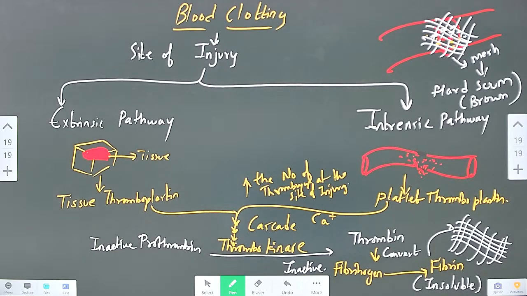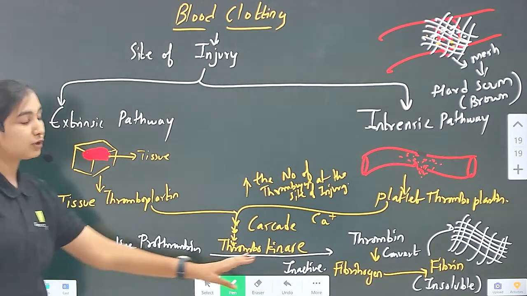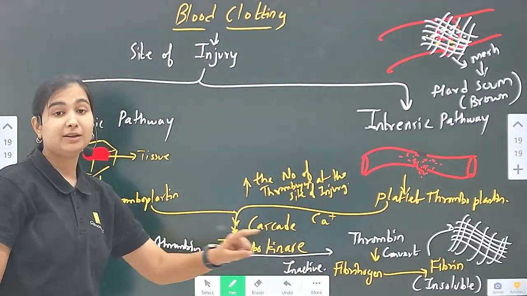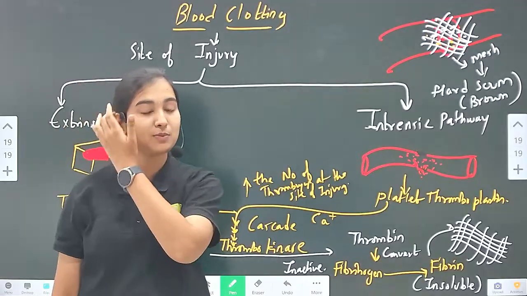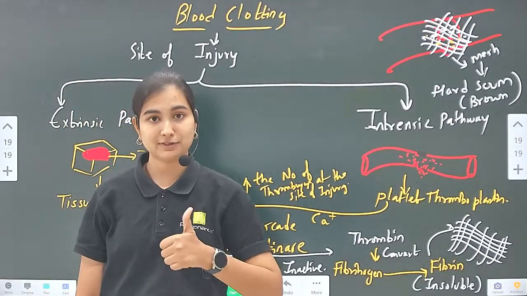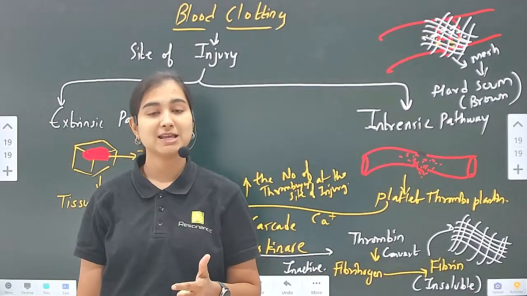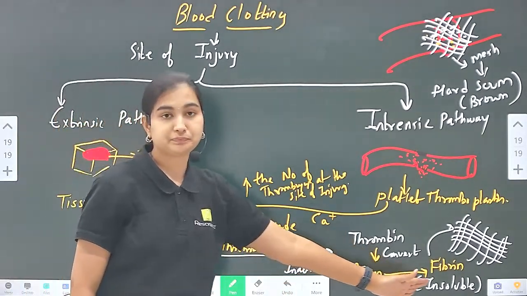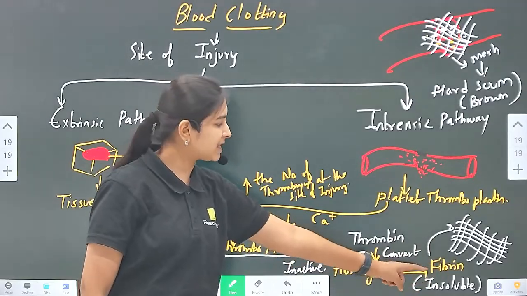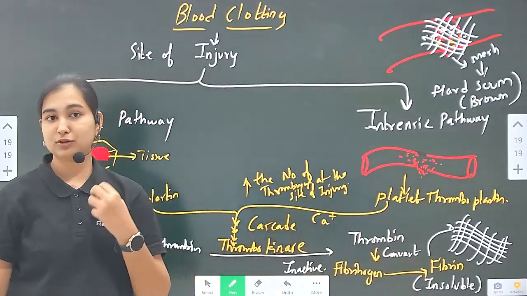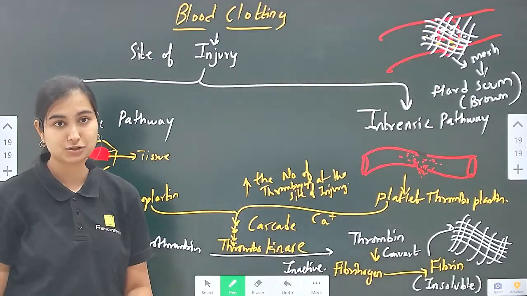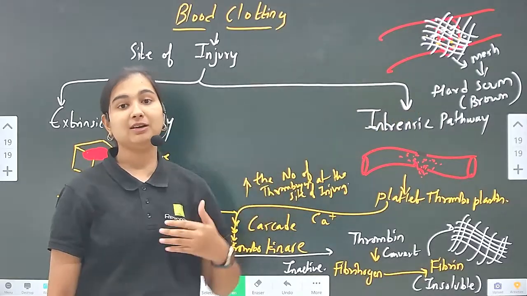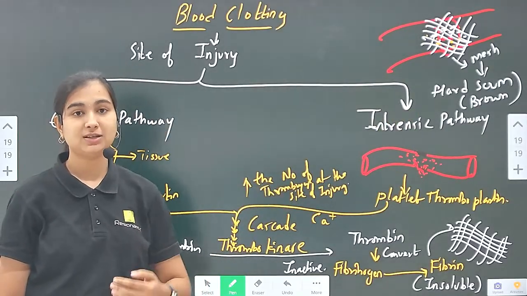Converted into the thrombin. Now in the presence of thrombin, what happens? You remember when we were discussing the proteins present in plasma: we have the albumin, the globulins, and the fibrinogen. Now this fibrinogen is converted into the fibrin, right? These fibrins are insoluble, meaning they are not soluble in the body, and they form a mesh-like structure. Trapped inside the mesh are the WBCs, the platelets, and the dead RBCs.